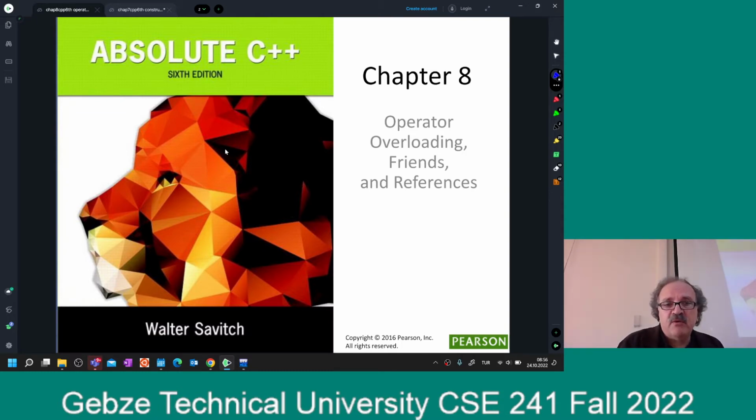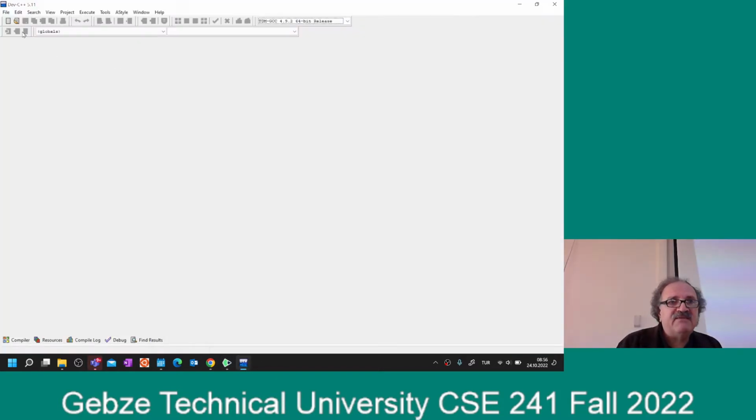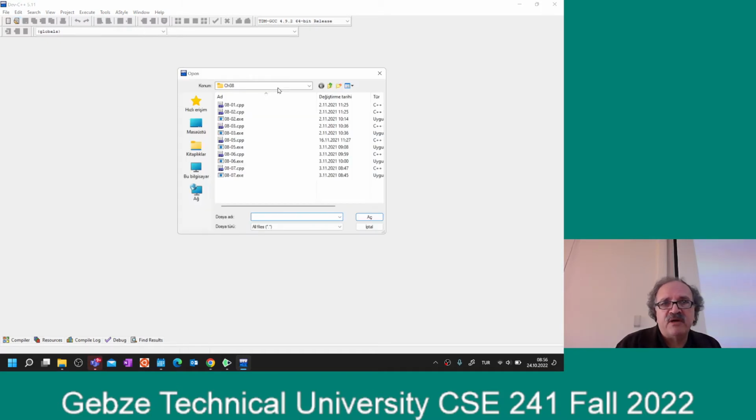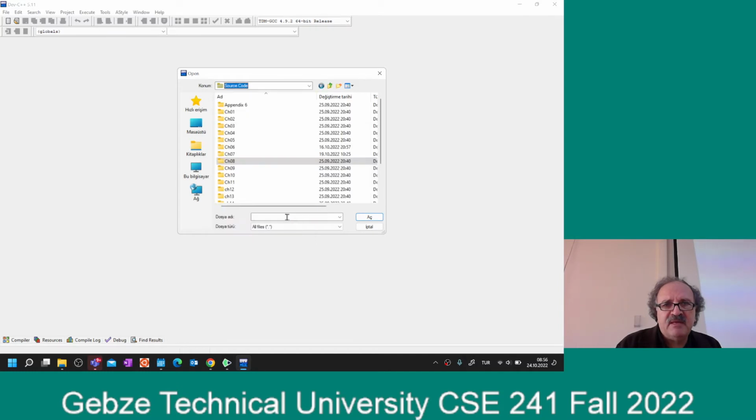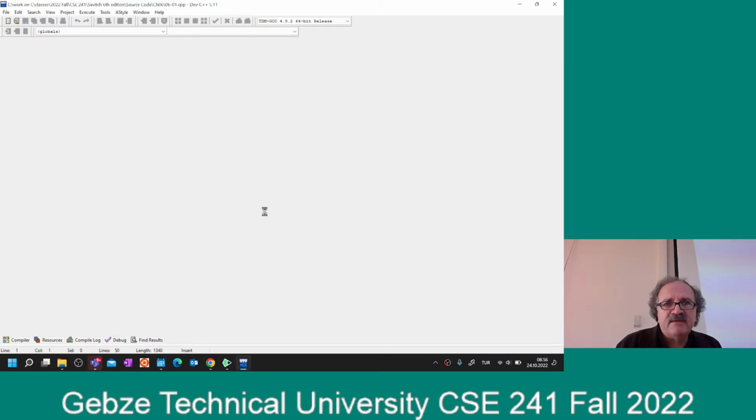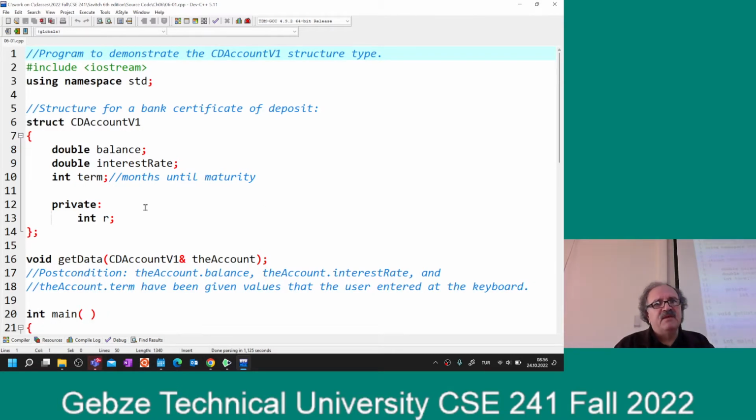If we go back and look at one of our earlier classes from chapter number 6, this one doesn't have any constructors. So what does it do? It calls the default constructor of this integer, r.